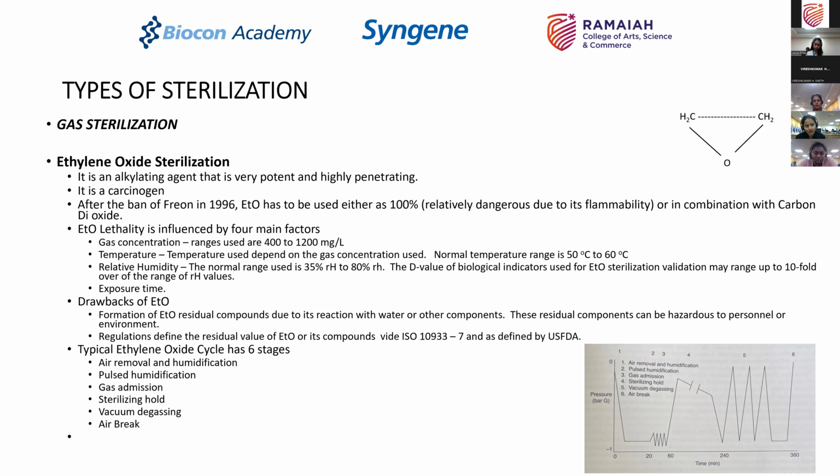So the vacuum helps in removing any residual ethylene oxide or any volatile compounds of ethylene oxide immediately, and then the air slowly replaces it and stabilizes the material which is there.